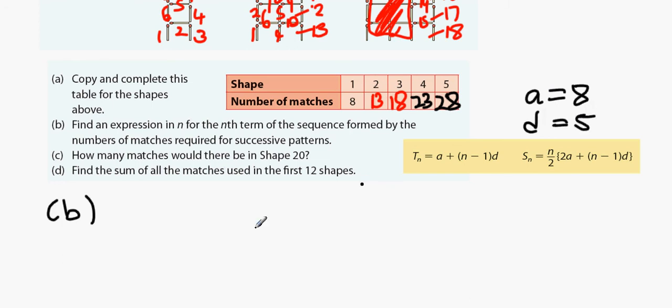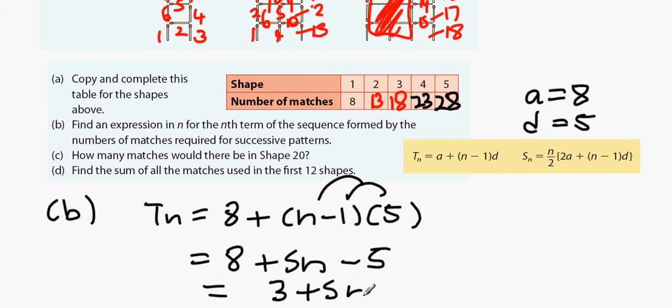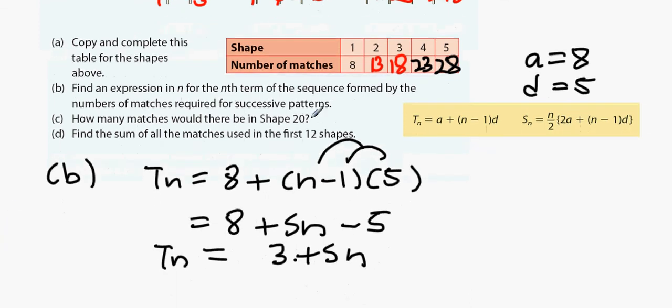So Tn equals a, which is 8, plus n minus 1 times the difference, that is 5. Multiply them out, and we get 8 plus 5n minus 5, and that equals 3 plus 5n, or 5n plus 3. So Tn equals 5n plus 3.